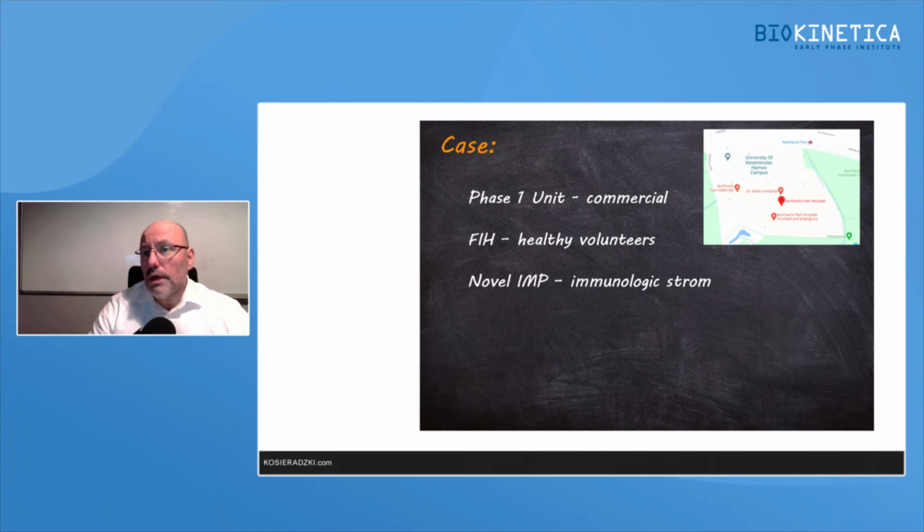This immunologic storm had really bad symptoms, because 6 of the subjects developed symptoms that required not ICH but ICU treatment. Now, the requirement in some guidelines is that the phase one unit should be in close correlation to a hospital and ICU treatment.